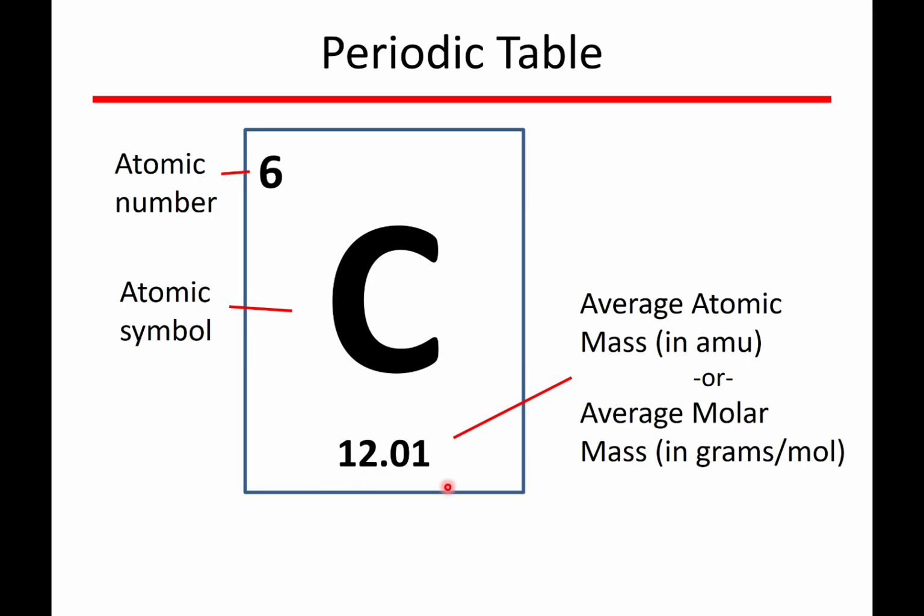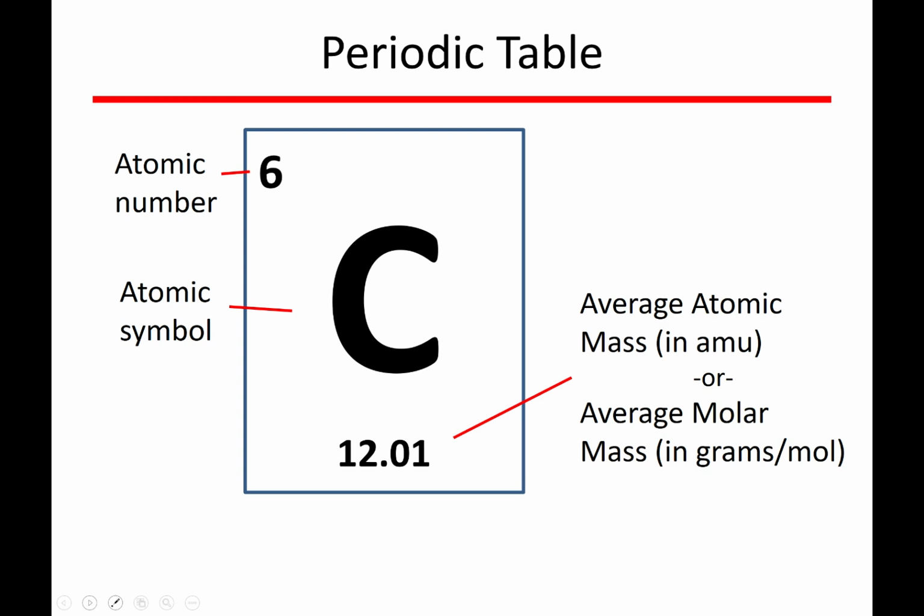This value represents, you could either look at it as being the average atomic mass in units of atomic mass units, or you can also see it as being the average molar mass in units of grams per mole. The units are interchangeable here. So for carbon, you'd say 12.01 AMUs is the average atomic mass, or you could say 12.01 grams per mole is the mass per mole, or the molar mass of carbon.